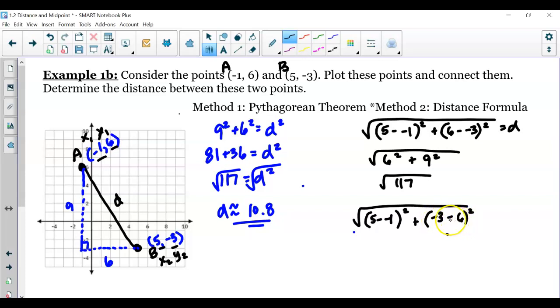Yes, you end up with -9 here now, because you have 6 squared but now you have -9 squared. But remember, even though this is a negative, two negatives still make a positive. So that's why the order doesn't matter with squaring, and you will still get that distance of 10.8.